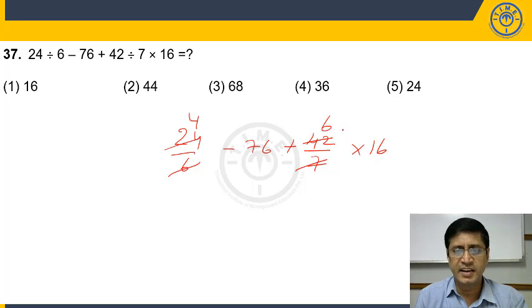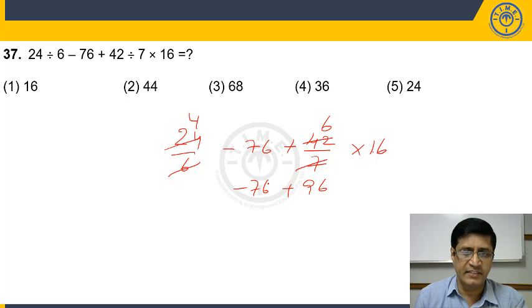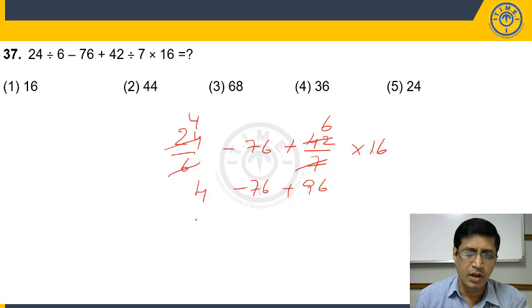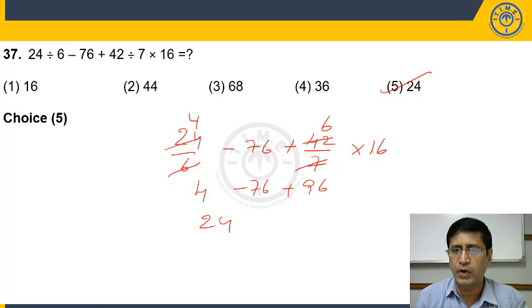Then what is the result? 6 into 16, that is 96 minus 76 plus 4. So what is the sum of these values? 96 minus 76, 20 plus 4, it is 24. Right choice, option 5. Fifth choice is the right choice.